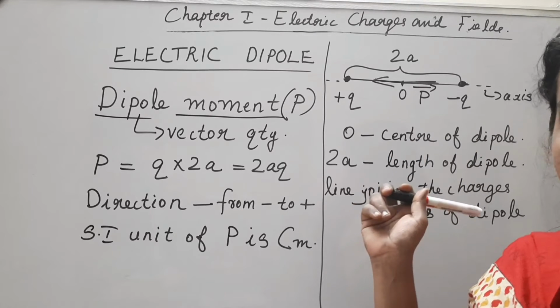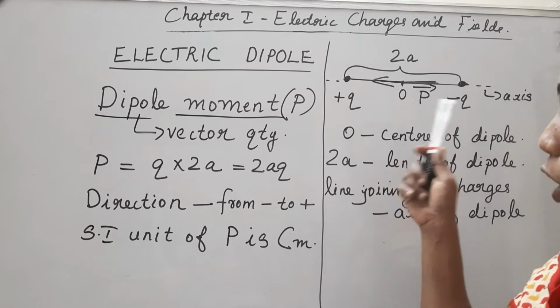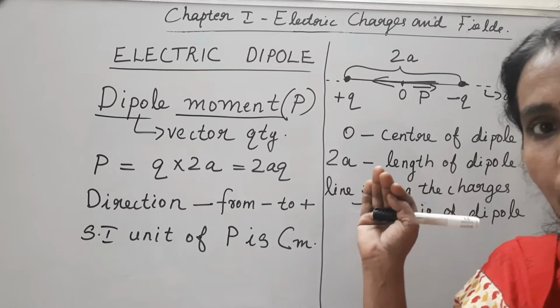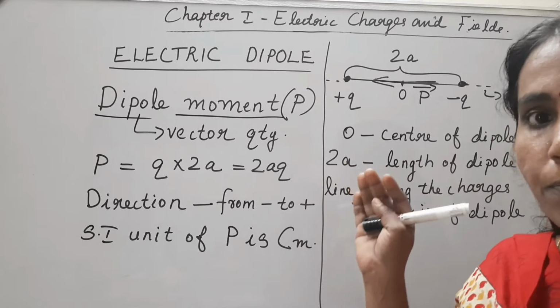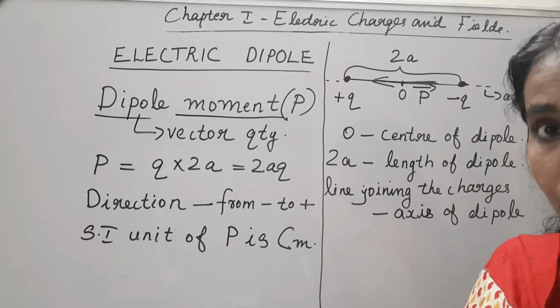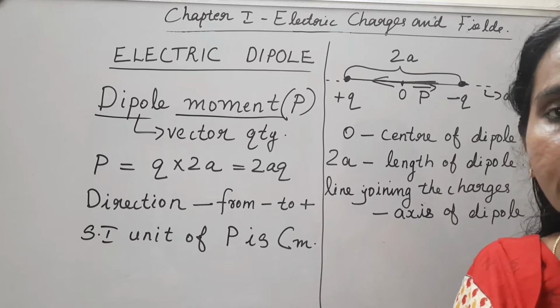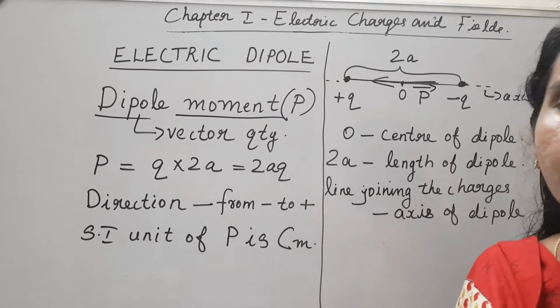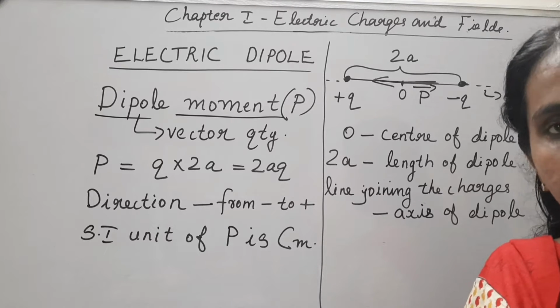So even if the total charge of the dipole is 0, the field produced by the dipole at different points need not be 0. At some points it may be 0. Such points we call neutral points, but there are many other points where the net electric field is there.